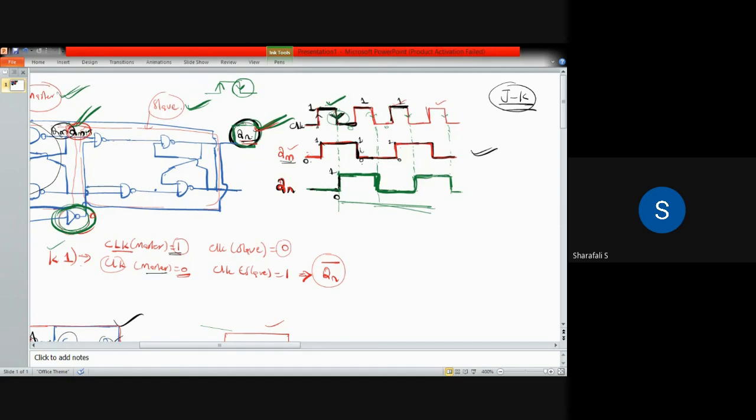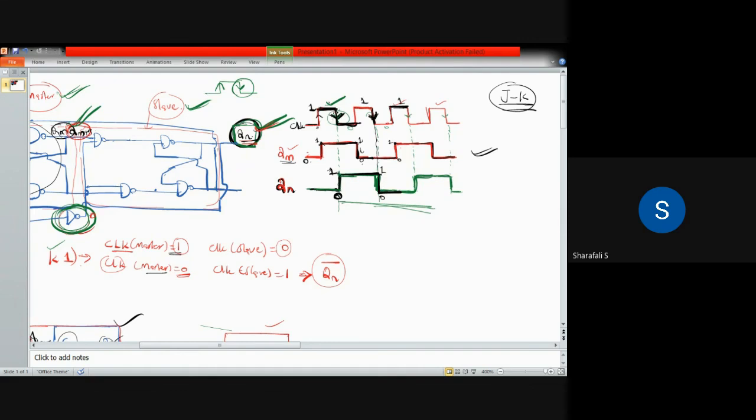When the clock pulse goes to zero, it toggles from zero to one and remains as such, equal to one, and then it toggles again when the clock pulse reaches the next zero, from one to zero.